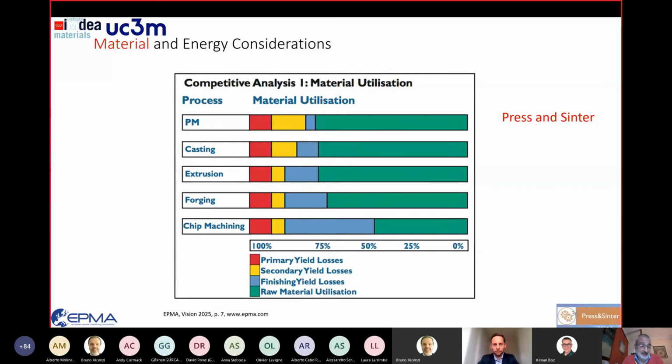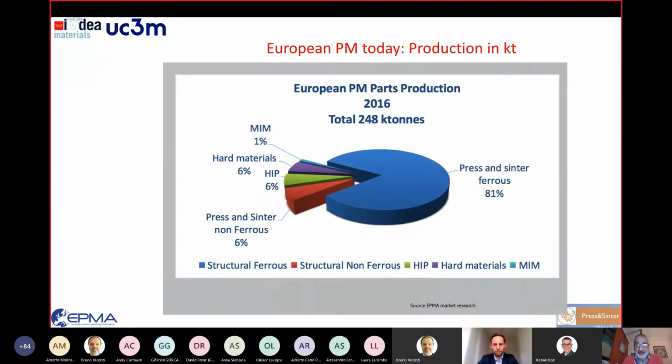And my last slide is just to analyze how the market looks in terms of production in kilotons, at least in Europe, comparing the different methods to produce parts by powder metallurgy. These are 2016 figures.